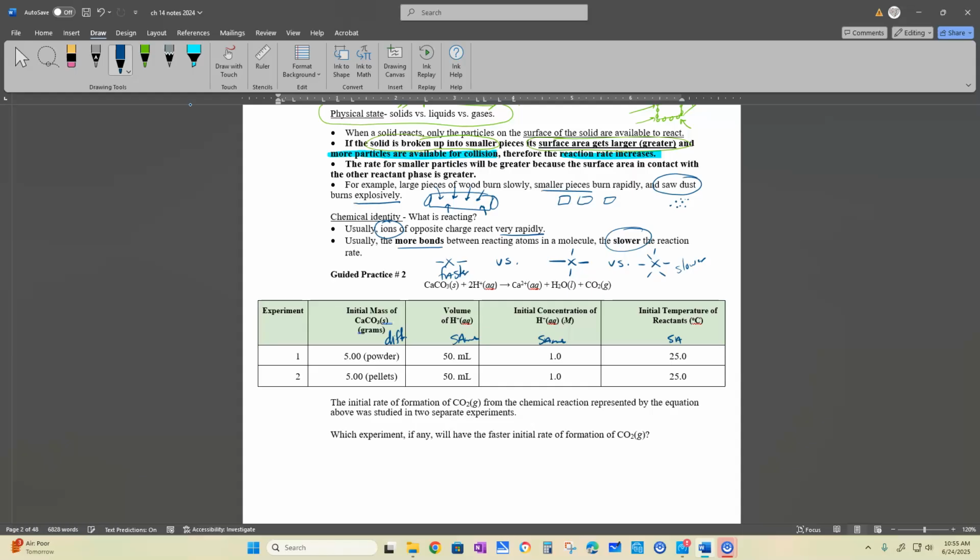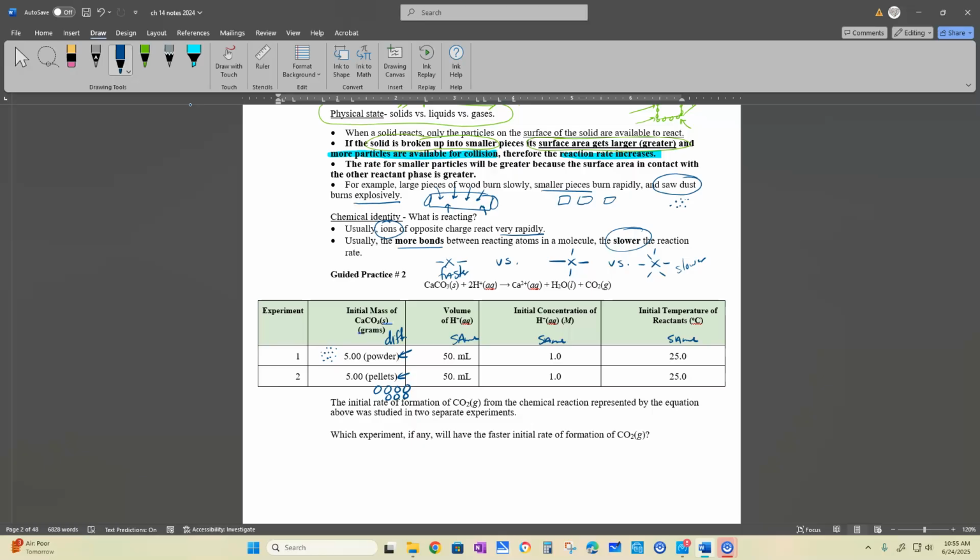And the temperature's the same. So what's the factor that's going to determine the rate? Well, powder versus pellets. Remember, pellets, think of it like tiny little M&Ms, those Dippin' Dots ice cream, those tiny little pellets, versus powder, like sugar, like salt, okay?